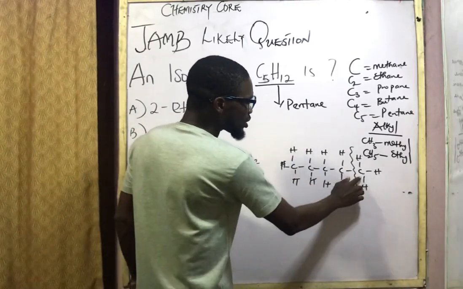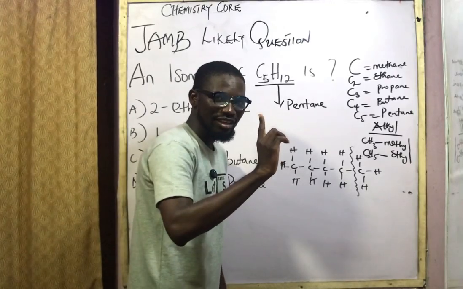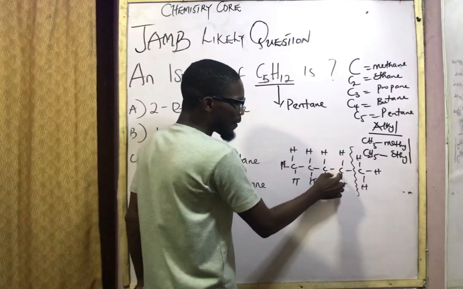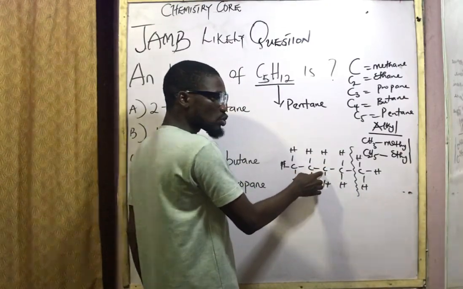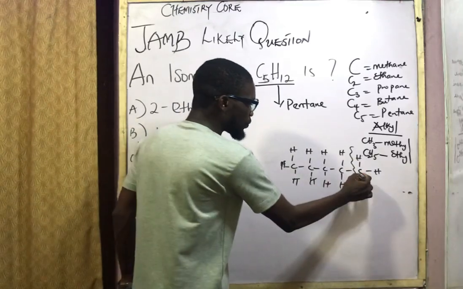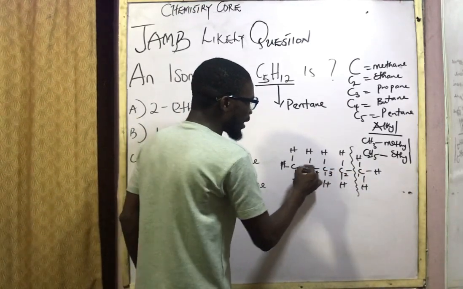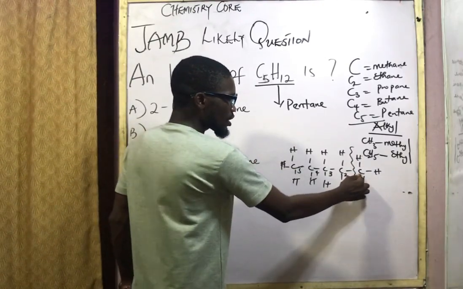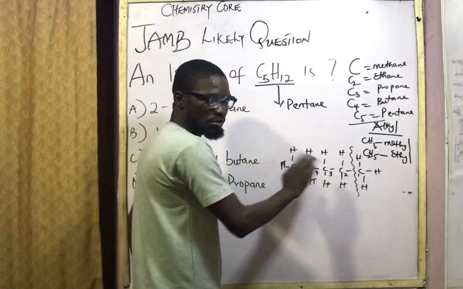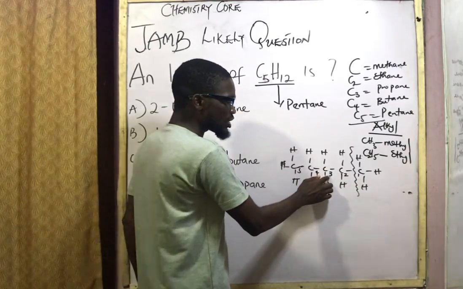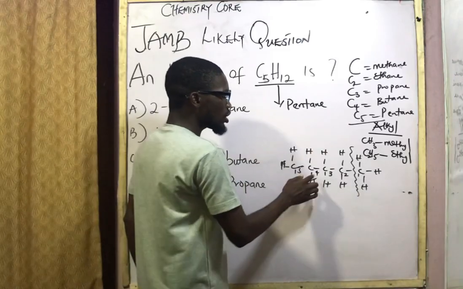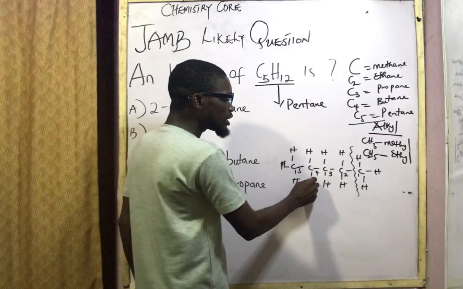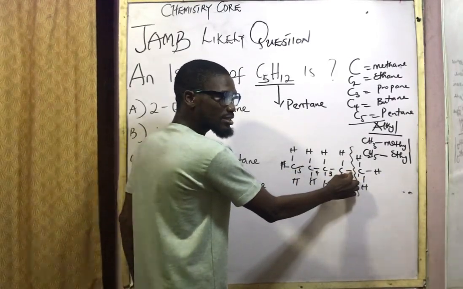The moment you pick the first carbon atom to stand as your methyl, then your methyl cannot stand under the second carbon atom. Rather, it will move to the third carbon atom. I have 1, 2, 3, 4, 5. This is pentane. I repeat, if we are to remove this, we cannot place it under the second carbon atom. It's not possible. Rather, we place it under the third carbon atom or under the fourth carbon atom.